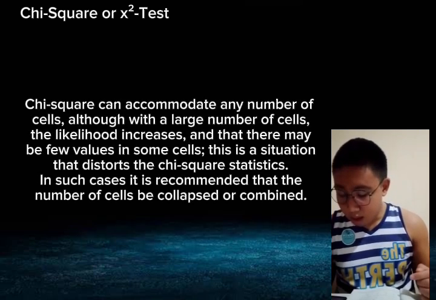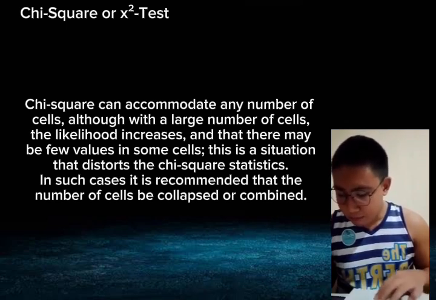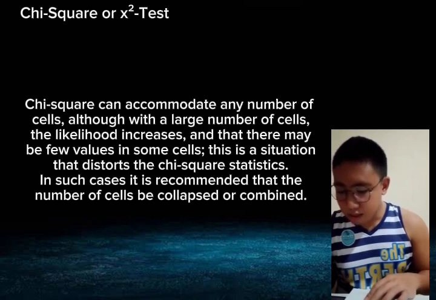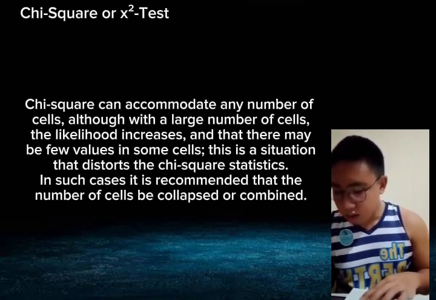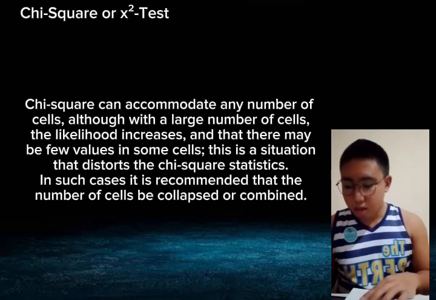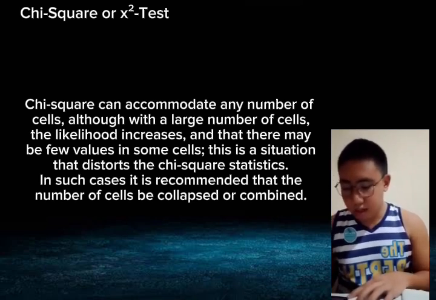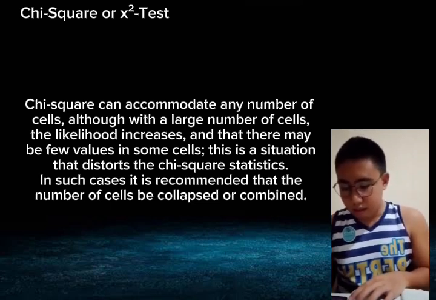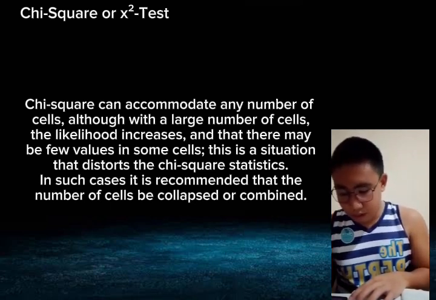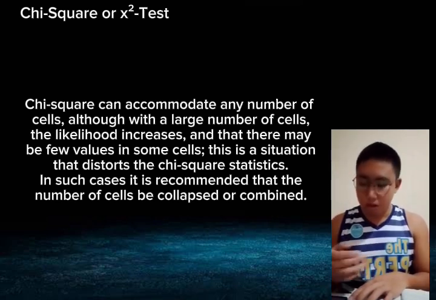Chi-squared can accommodate any number of cells. Although with a large number of cells, the likelihood increases that there may be few values in some cells, a situation that distorts the chi-square statistic. So in chi-squares, it also accommodates the number of cells, but with a large number of cells, the likelihood increases that there may be a few values in some cells where it will commit some errors.